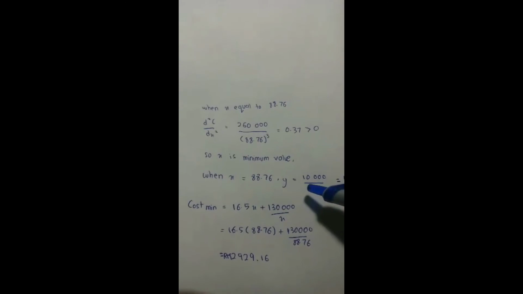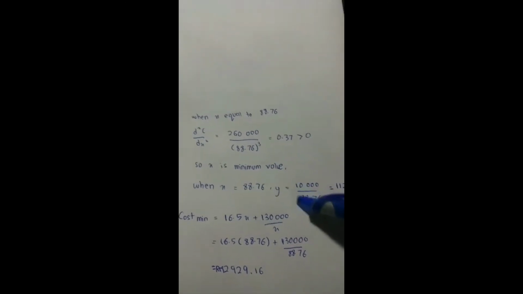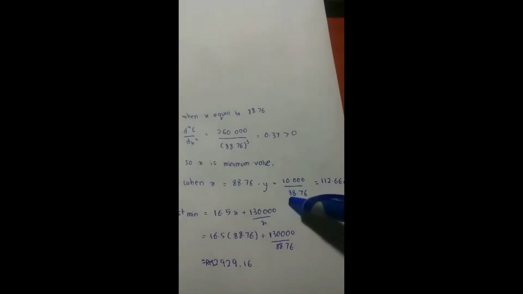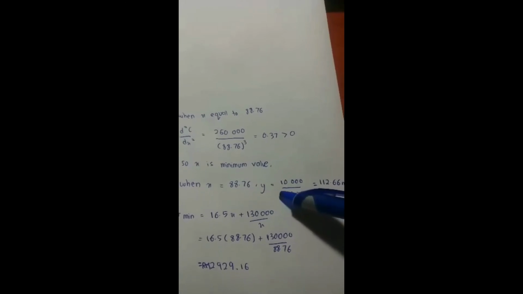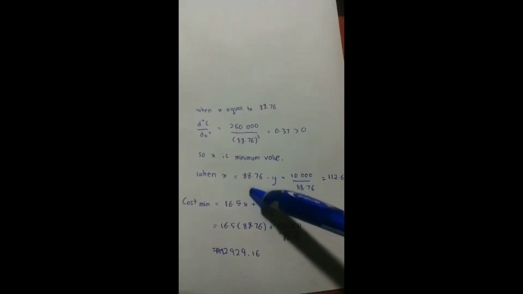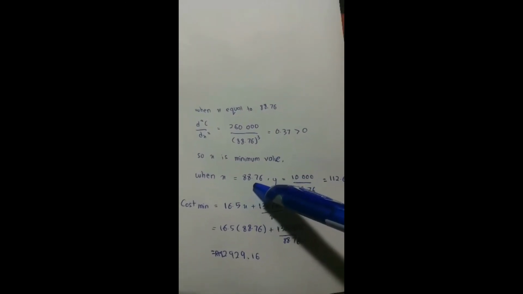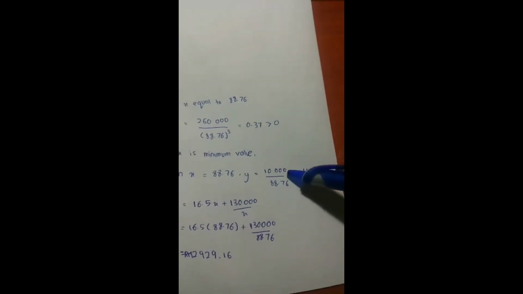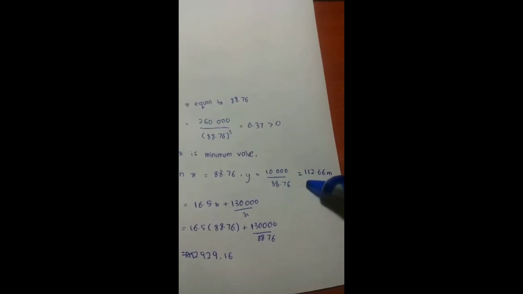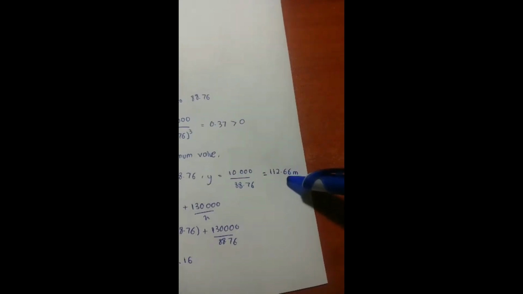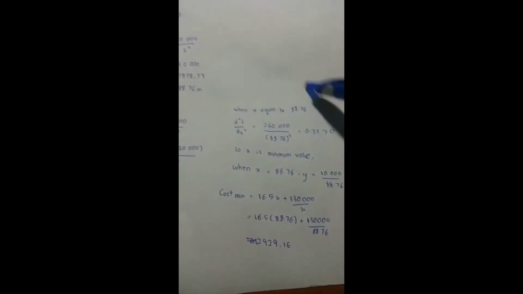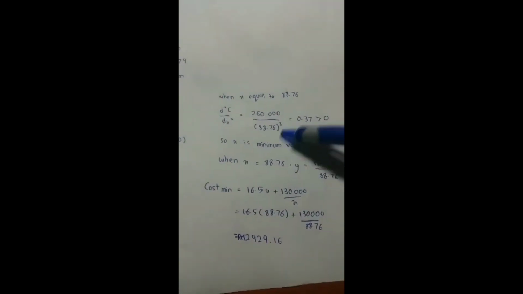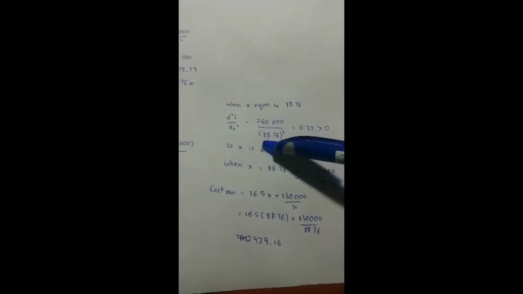Then we substitute the value into the equation before. So when x is 88.76, y equals 10,000 over 88.76, which equals 112.66 meter.